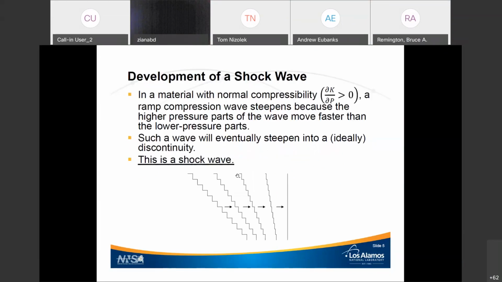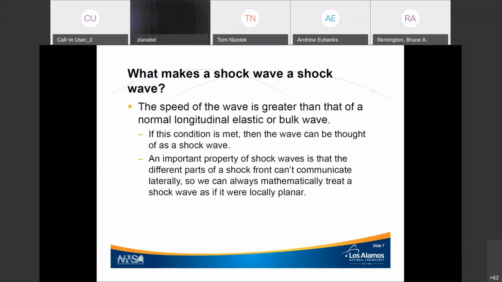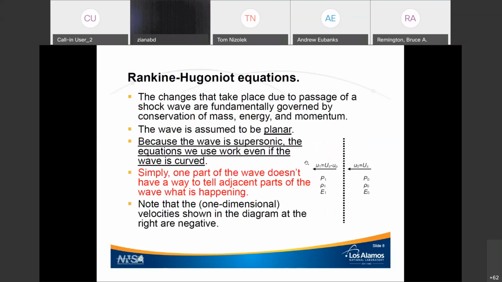The relationships that relate those conditions on one side of the shock wave to the conditions on the other side of the shock wave, and Lauren Benedict a couple of weeks ago touched on this, are called the Rankine-Hugoniot equations.